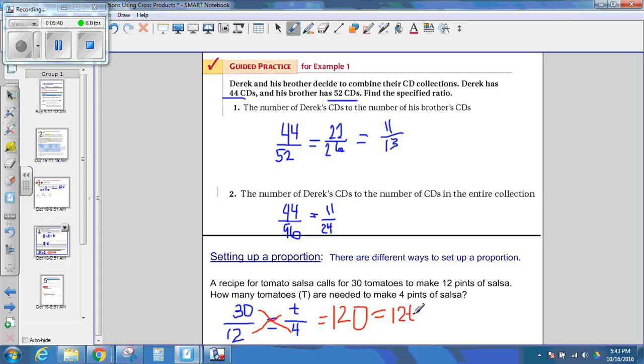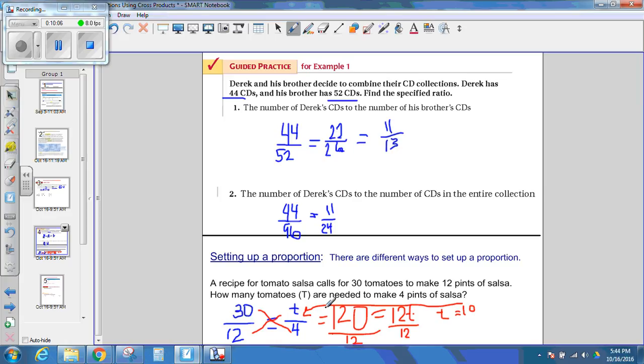So in order to solve for t, I'm going to divide by 12, and I get that t equals 10. So what that means is t was our tomatoes, so way over here. To make 4 pints of salsa, I need 10 tomatoes.